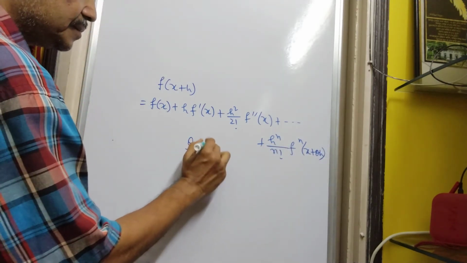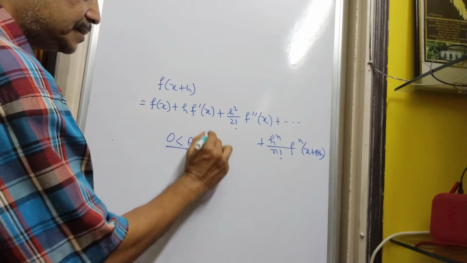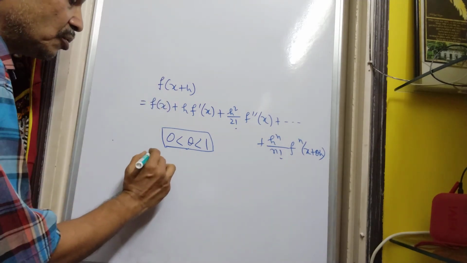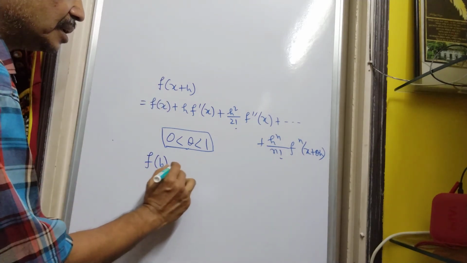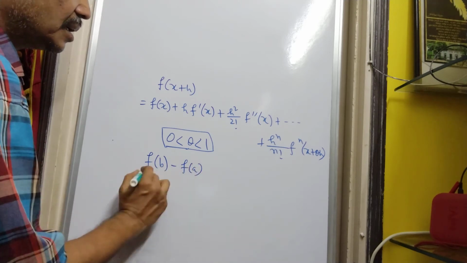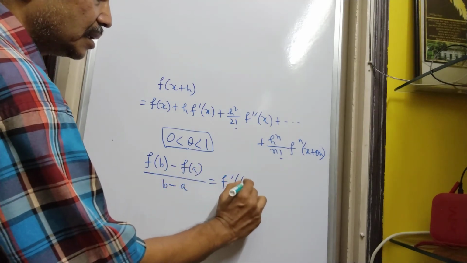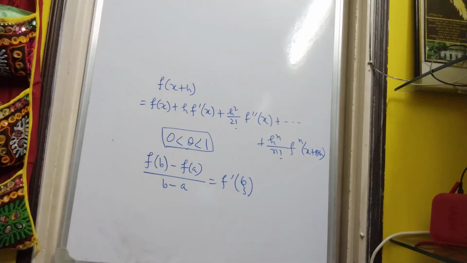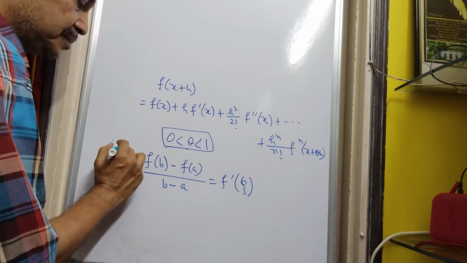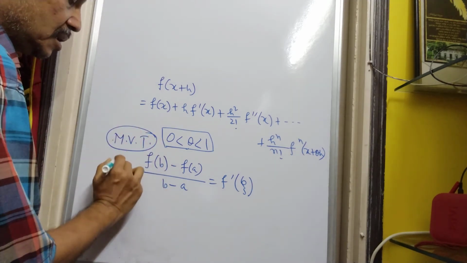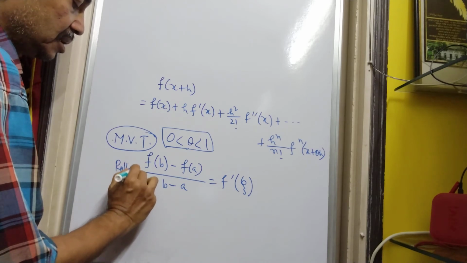Where theta is this. This follows from the mean value theorem. This is the mean value theorem, Rolle's theorem actually.